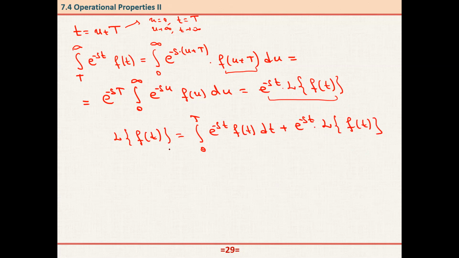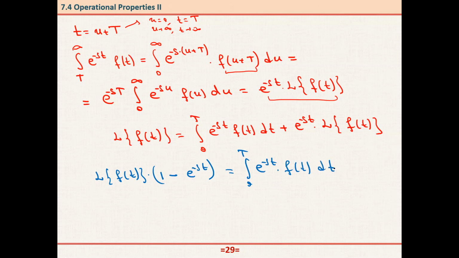Now, if I just take this to the left-hand side, what do we have here? Here we have L. This L is a common factor, the Laplace transform of f of t. That is a common factor. Here we have 1 minus e to the power minus sT. That's equal to, on the right-hand side, integral from 0 to capital T, e to the power minus st times f of t, and here we have dt.